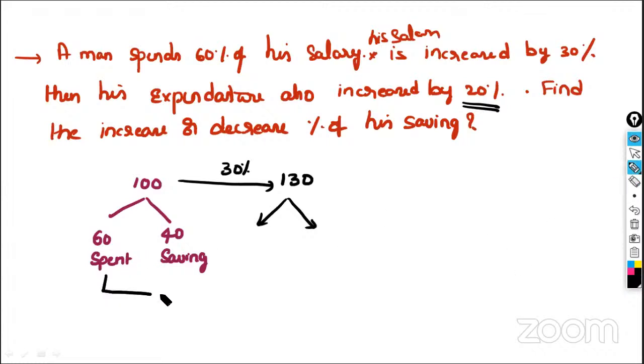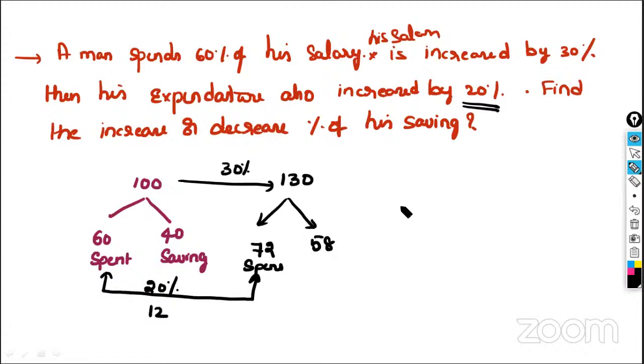Here 60 on 60, how much percentage increased? 20 percent is increased. 20% of 60, how much? 10% is 6, so 20% is 12. That means 72. See here, the spent is 72 and the savings is 28 and 58, right?